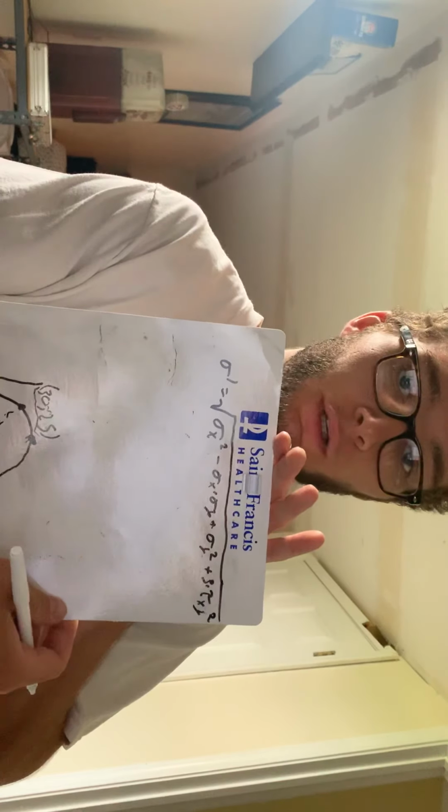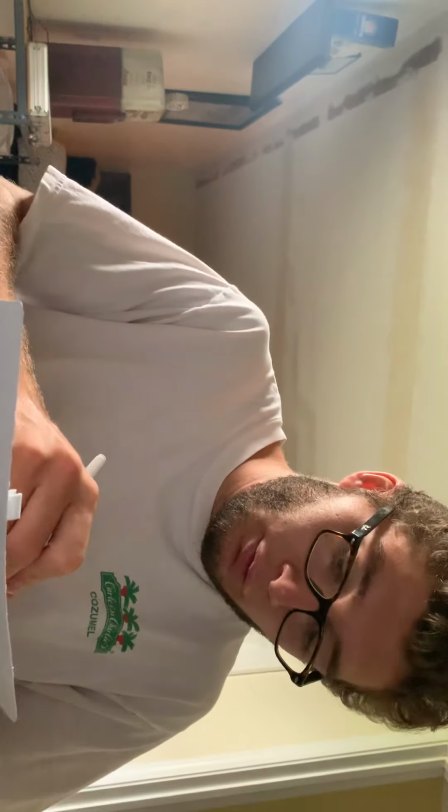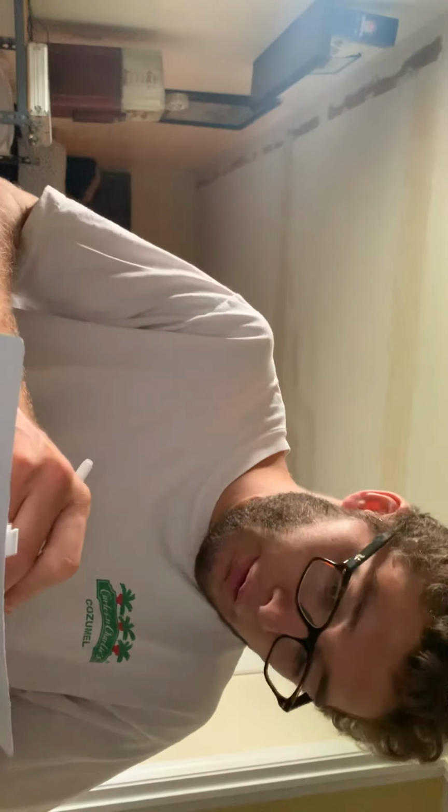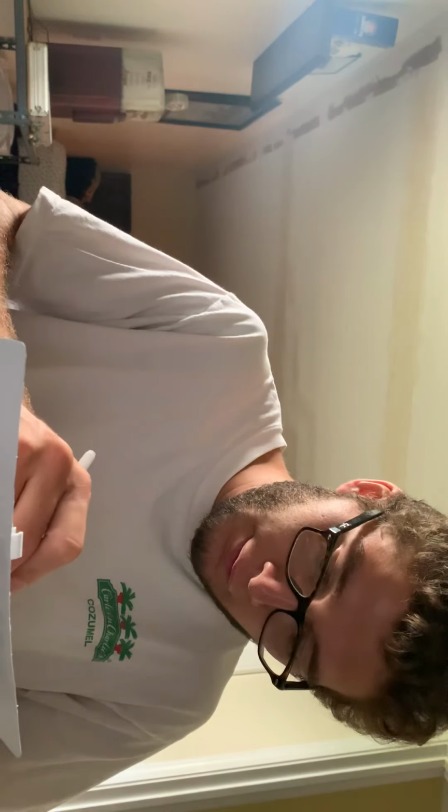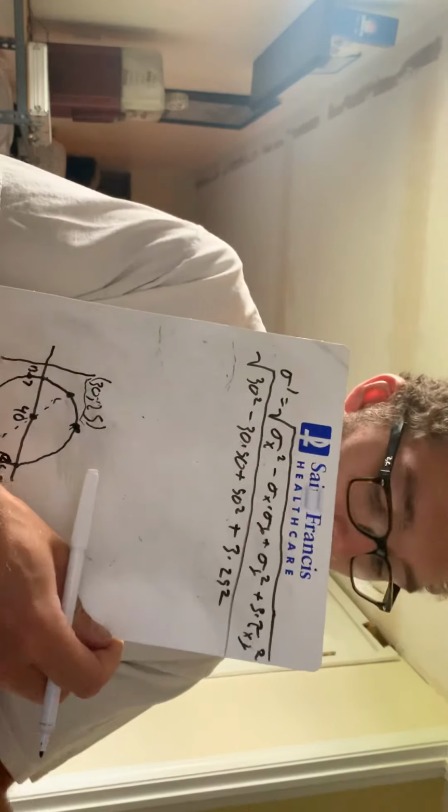Lots of squares, lots of stuff. Okay, so I'll plug that in real quick. We had 30 in the x, so 30 squared minus 30 times 50 plus 50 squared plus 3 times 25 squared, something like that.